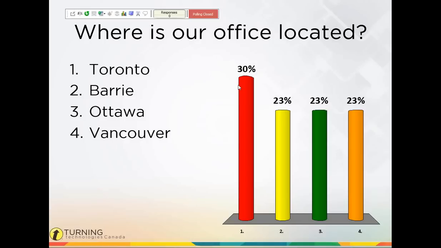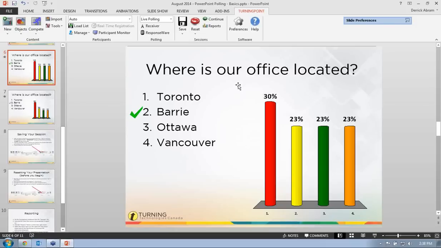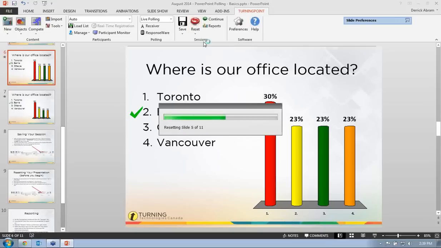We recommend getting in the habit of doing it at the very beginning of your presentation, before you launch it, even before your participants are in the room. To reset it, all you're going to do is click the Reset button on your TurningPoint toolbar, just to the right of Save, and choose the option to reset your session.